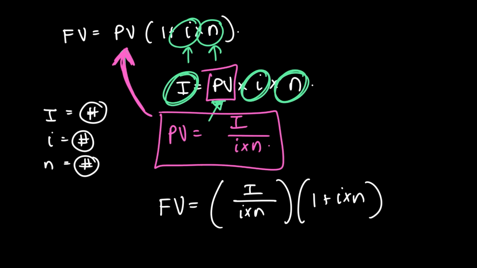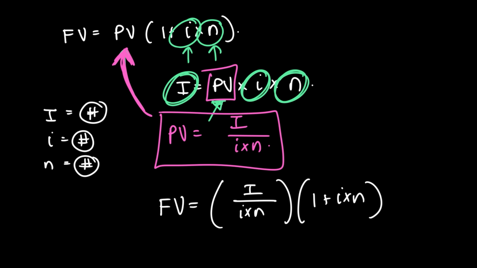Okay, so it looks a bit scary, but the whole idea is if you're only given some parts, you can manipulate the mathematics so that you can end up getting the value that you need out of it. So if you get given the total interest and the interest rate, and the period of the loan or the duration of the investment, you can still work out the future value by just using the two formulas that you know.